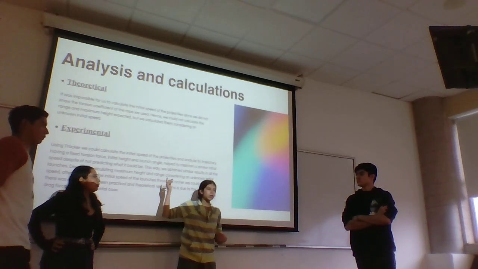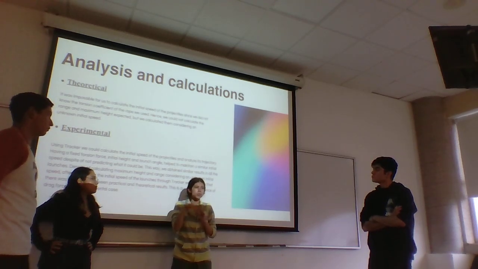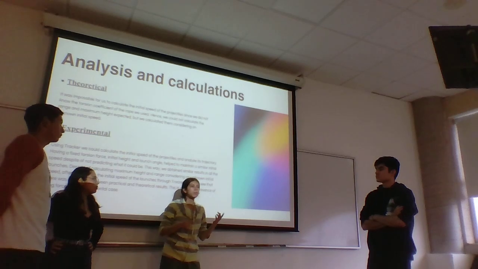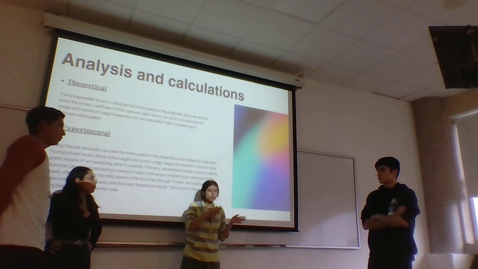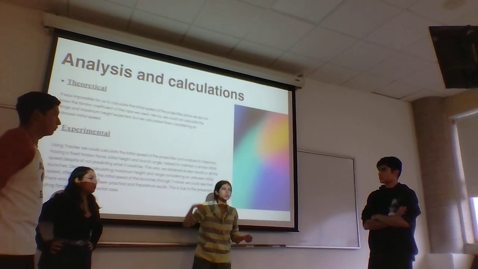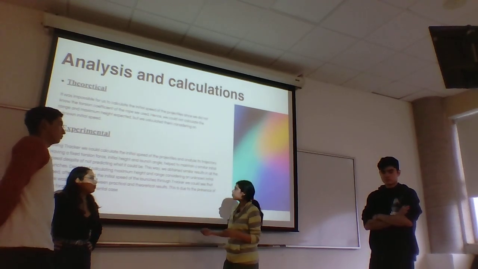So at the end we had the calculations done, but without knowing the velocity. But with the experimental part, thanks to the Tracker app, we could calculate the initial speed, and with it it was way easier to make the rest of the calculations. It would basically evaluate everything.